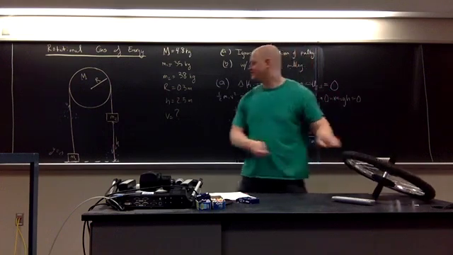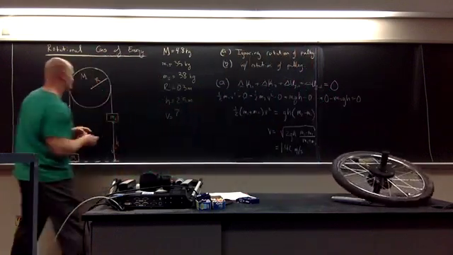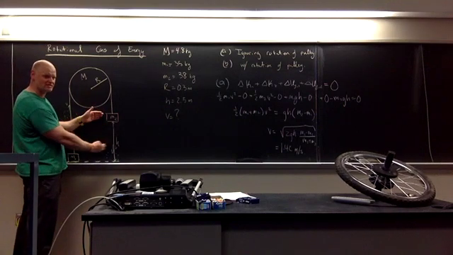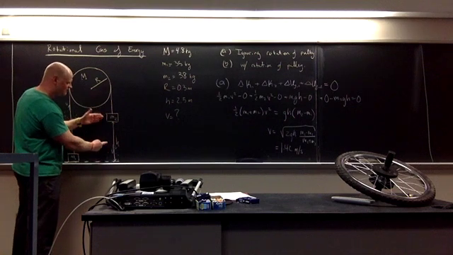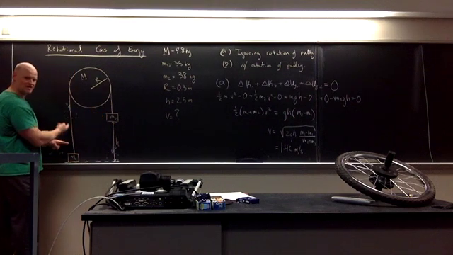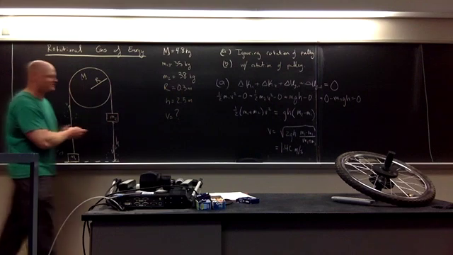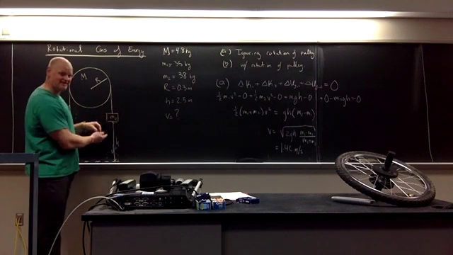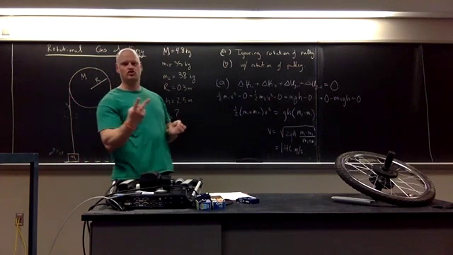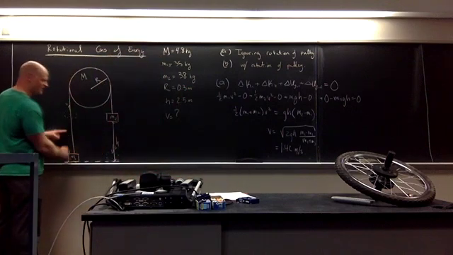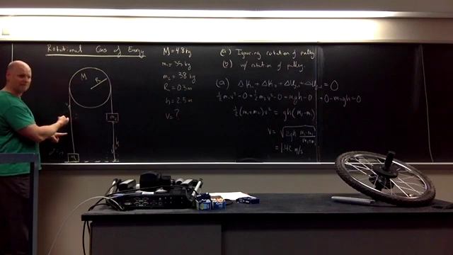Well, let's think about it. What's happening here is a change in potential energy, which is changing into potential energy and kinetic energy for each of these objects. This initial potential energy must be divided between two things: the kinetic energy, and the change in potential energy of the other mass.